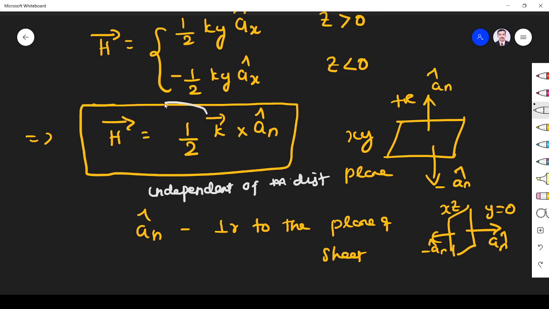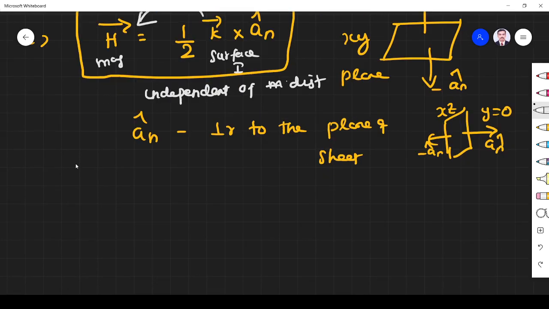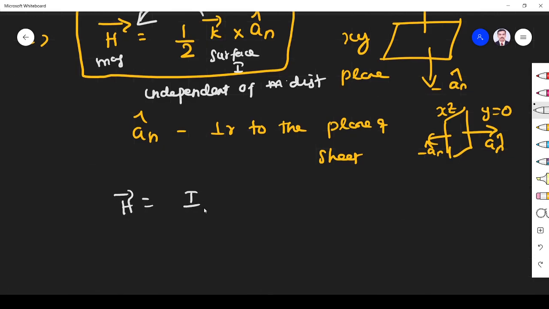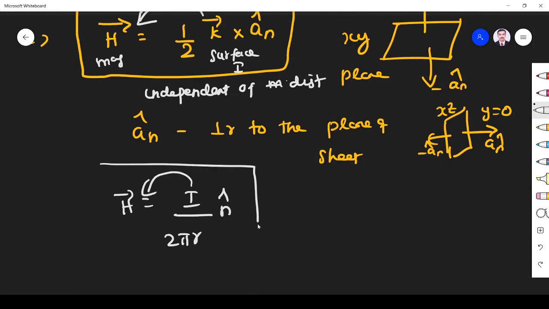This is a sheet, so surface current produces magnetic field. That's a very beautiful concept. This K is surface current. Similarly, for line current in a conductor we have studied H is equal to I by 2 pi r an cap. Here line current produces magnetic field.